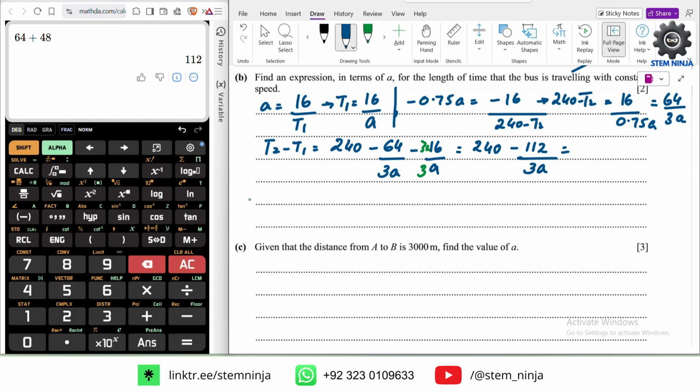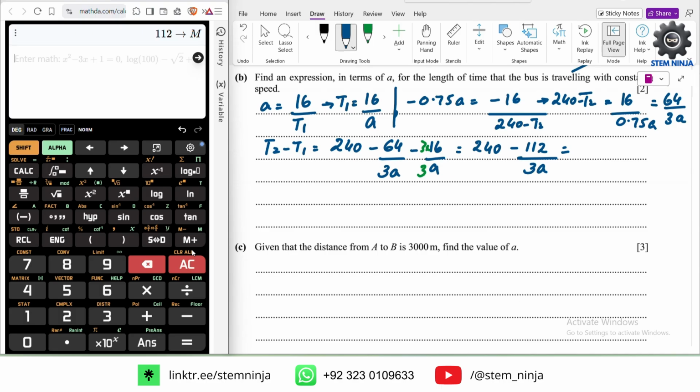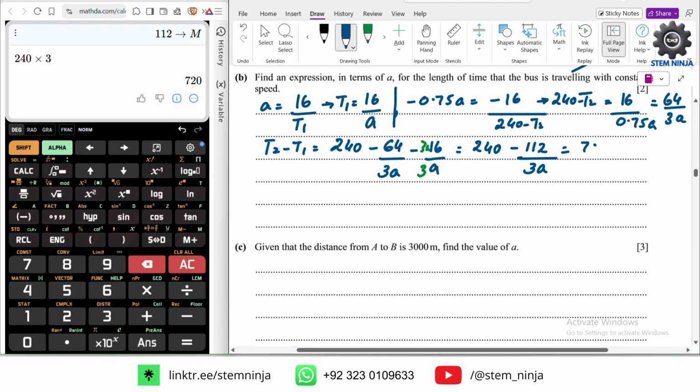You can actually make it this way also: 240 times 3 would be 720, minus 112, so 720a minus this, divided by 3a. We can also make it this way.